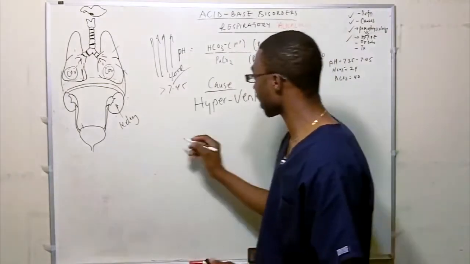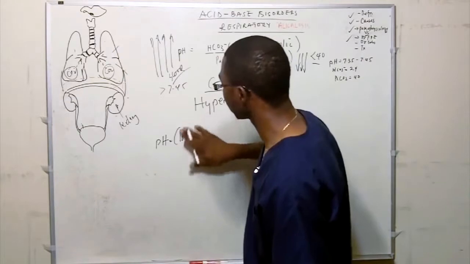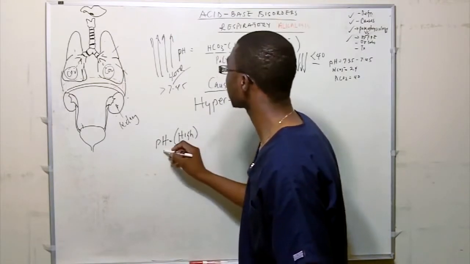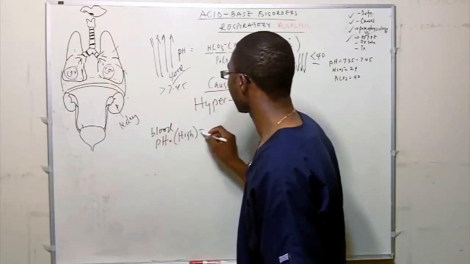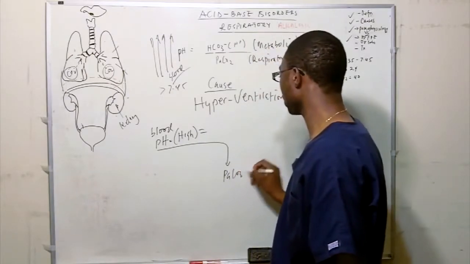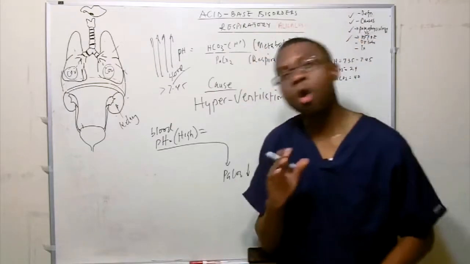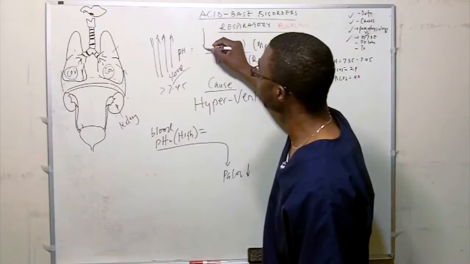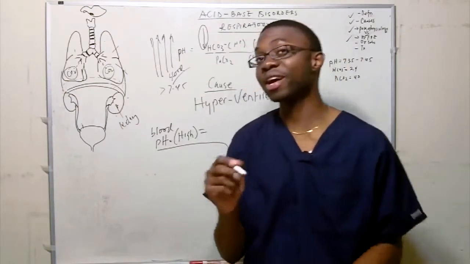Because in this case, my blood pH is very high, because down here my PaCO2 is so low because I'm hyperventilating. The only way I can bring this pH down is by decreasing my bicarb, decreasing my bicarb, decreasing my bicarb.